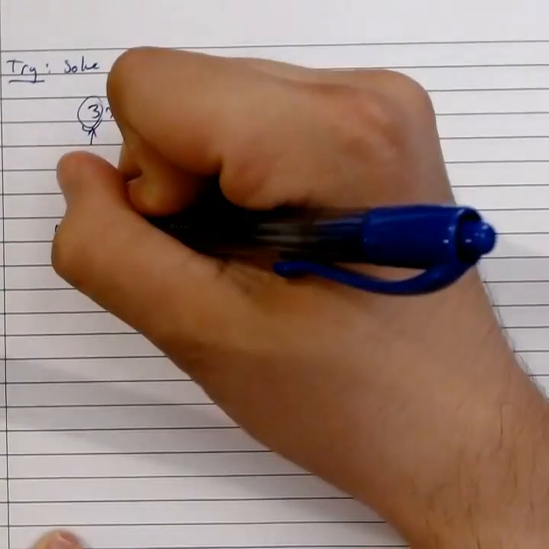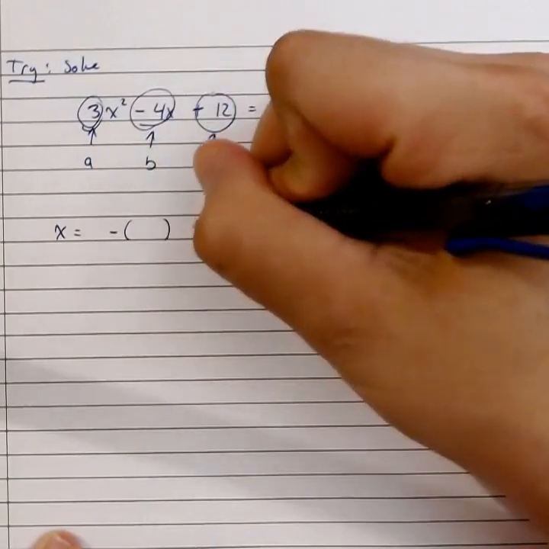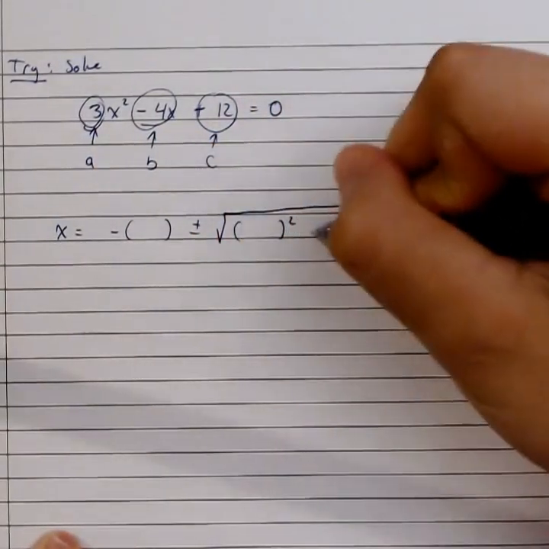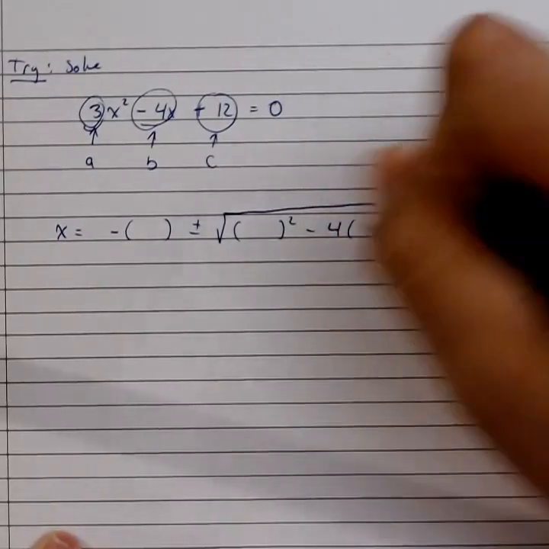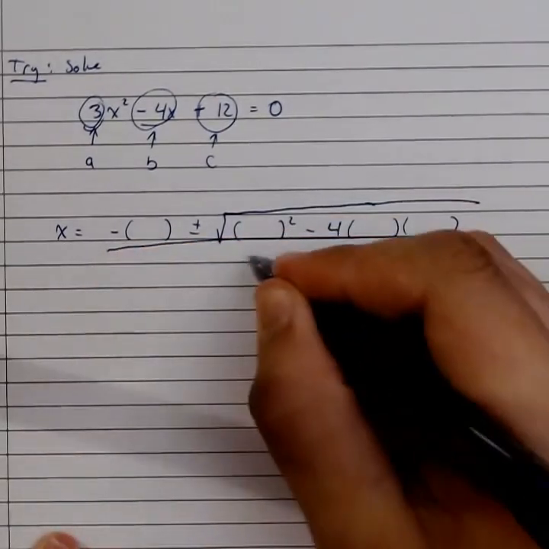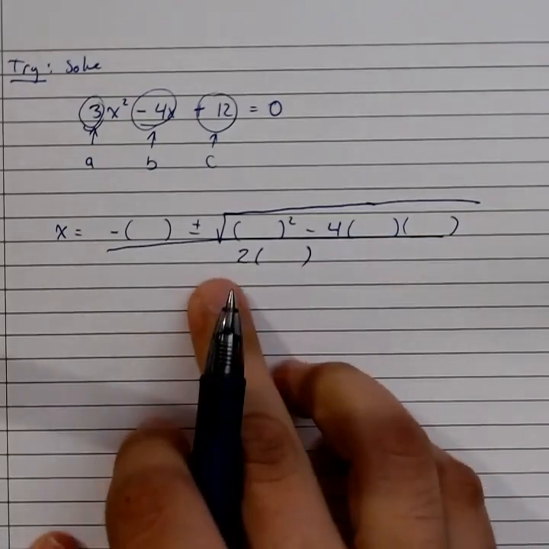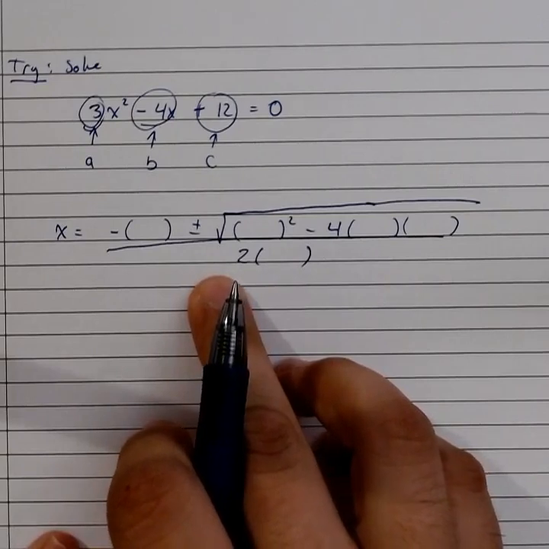So here we have x is equal to negative b plus or minus the square root of b squared minus 4 times a times c. And then all of this is divided by 2a. Make sure you have this memorized correctly. The biggest mistake people will make when using the quadratic formula is at the very beginning.